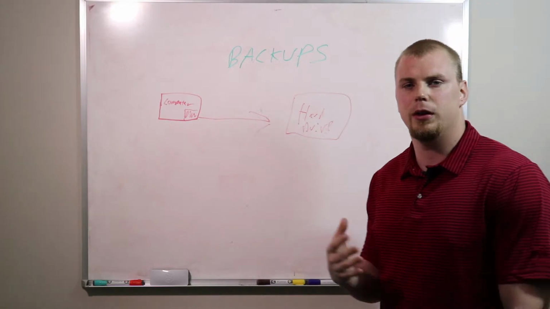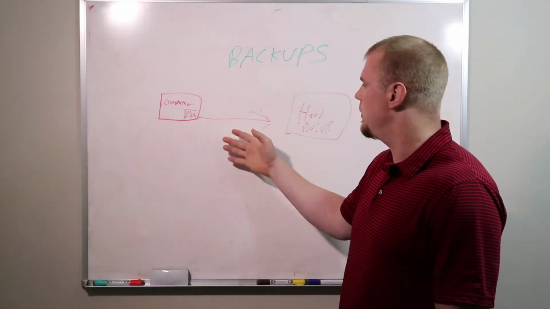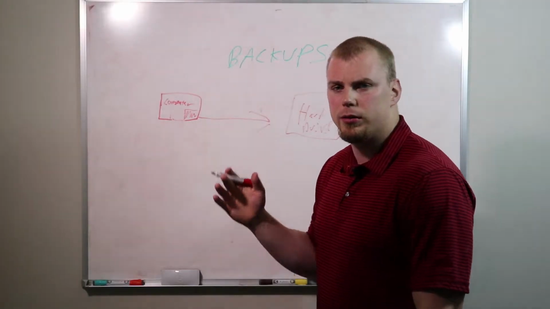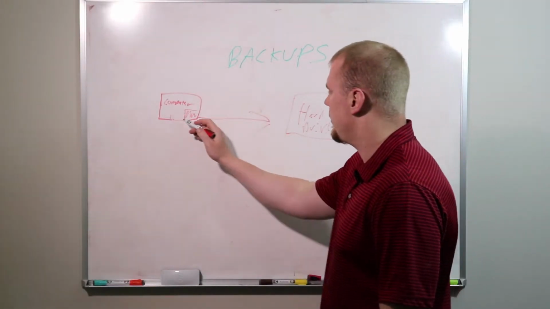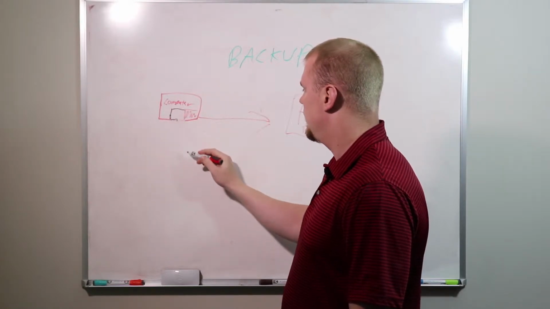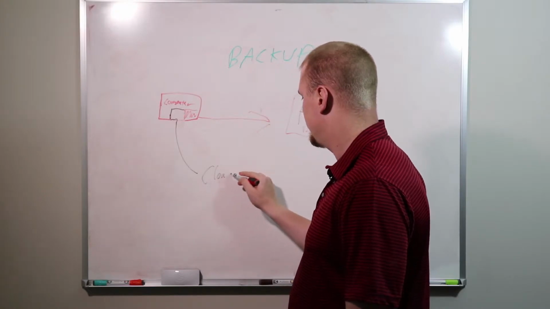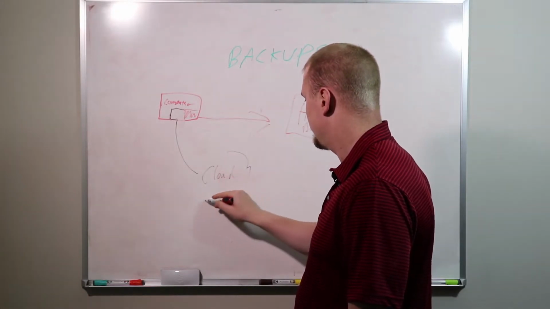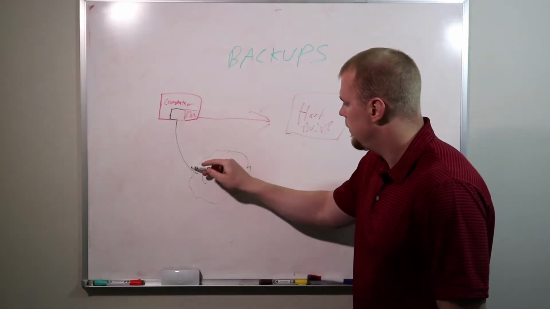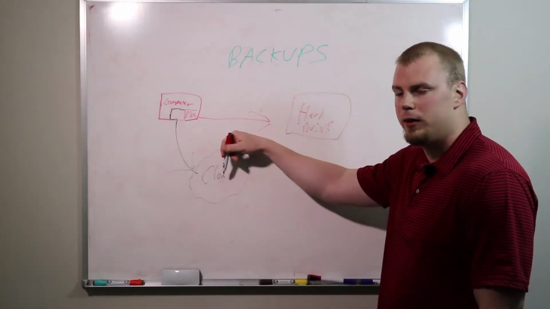So if we want to get a little bit more advanced here, we can keep doing this. This is a good base. To get more advanced, we install another backup client on this computer, and this backup client will sync out to the cloud.